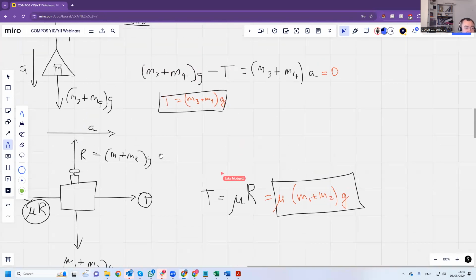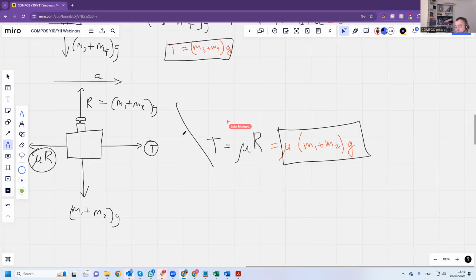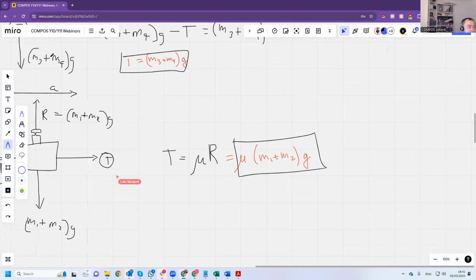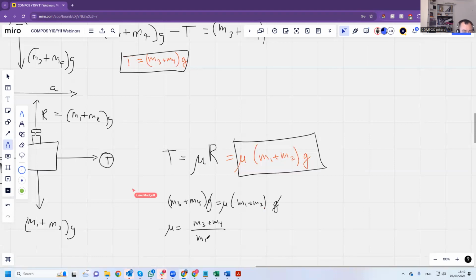From the other equation, we get tension is M3 plus M4 g. And so now we can equate them, and we can write M3 plus M4 g is equal to mu times M1 plus M2 g. g cancels, and we have mu is equal to M3 plus M4 divided by M1 plus M2.